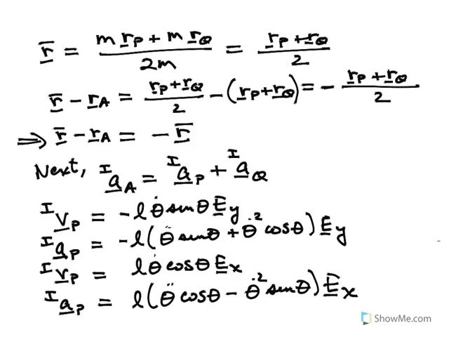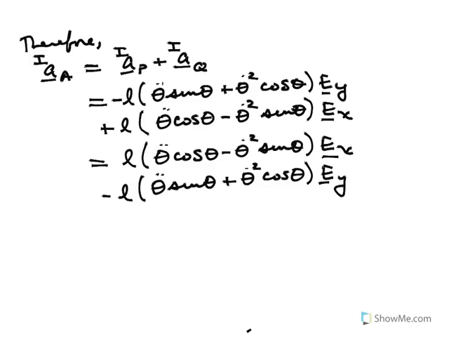Now what do we need here? We need to take r bar minus RA crossed with 2m times the acceleration of A. But now we can actually look at this point r bar and see something about it, because r bar minus RA is equal to minus r bar, and r bar is equal to RP plus RQ over 2.